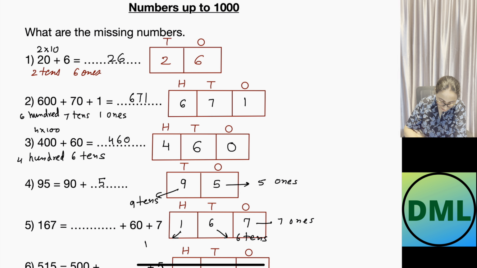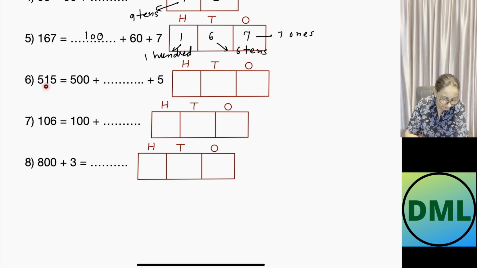This will be written as 1 hundred. 7 ones will be written as 7 only, which we already have. 6 tens will be basically 6 times 10, which is 60. We already have that here. 100 means you have to multiply 100 with 1. If you multiply 100 with 1, your answer will be 100 only. Let's write down 100 here. What is the missing number? Missing number is 100. Let's see the next example here.